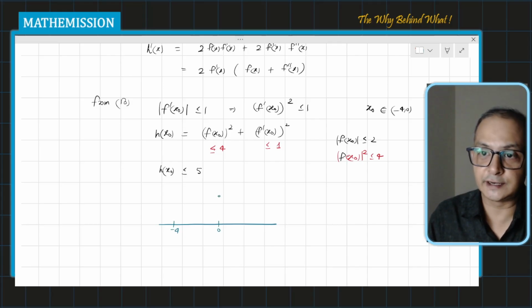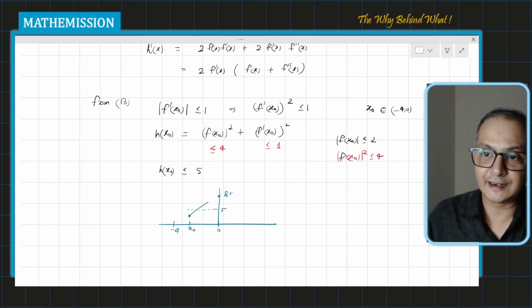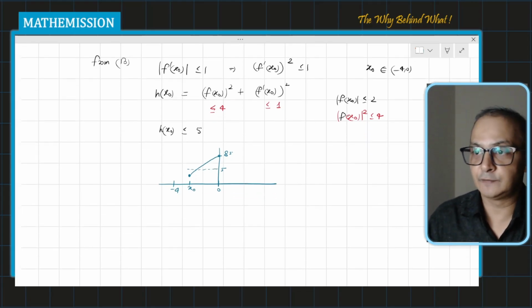At 0 it is attaining 85, and between -4 and 0 there is some number x naught at which the value is lesser than or equal to 5. This is 5, by the way. So it has to increase and attain the value 85 somewhere here.